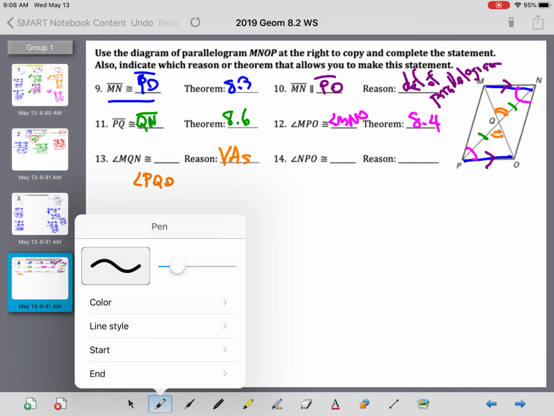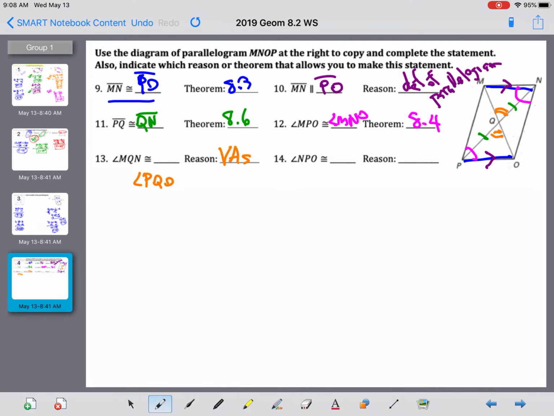And finally, NPO is going to be congruent to this angle here. So that's going to be NPO, and so angle PNM, and those are AIAs. So I kind of snuck some old with some new stuff there.